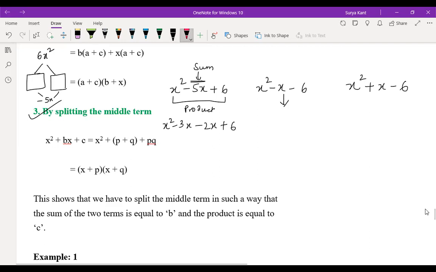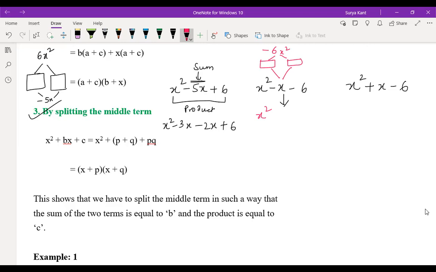Tell me for the second one. What do we need to do? Minus x into 1. x into 1? How will 6x square come? The product should be minus 6x square, Saicharan. Remember that. The product should be minus 6x square and the addition should be minus x. Sir, I did not understand why 6x square came.